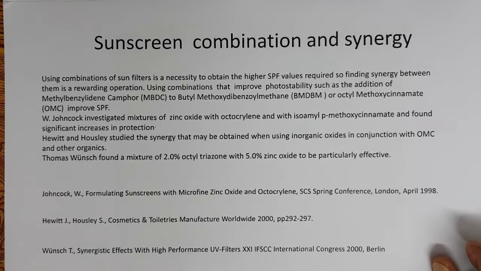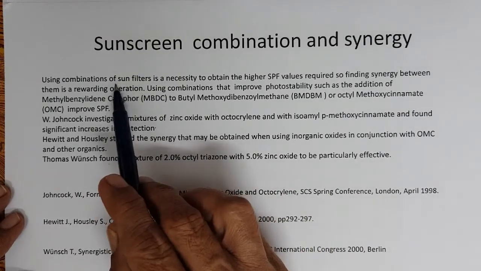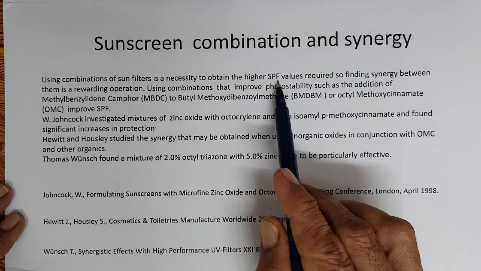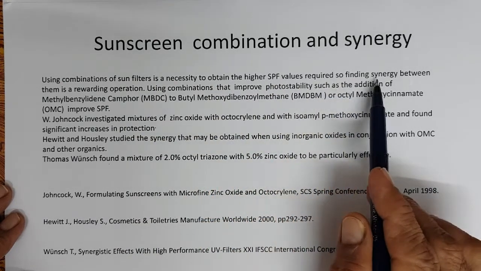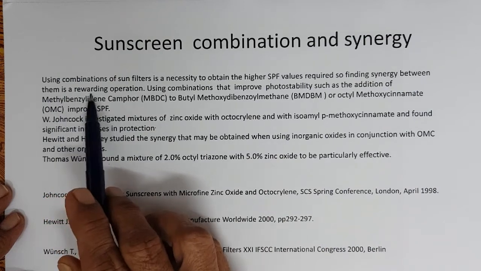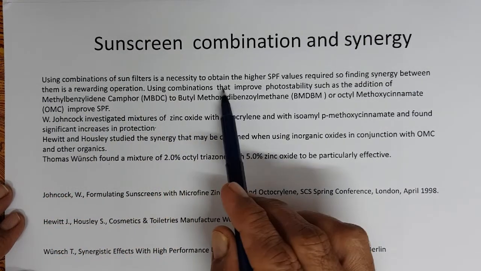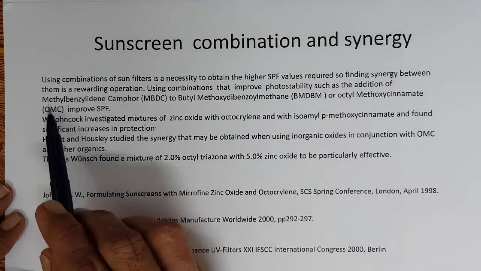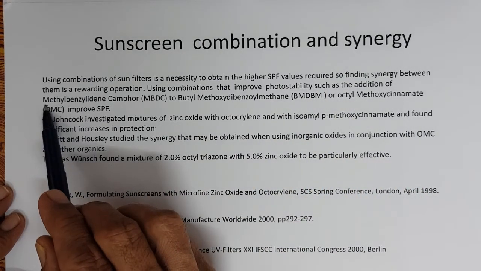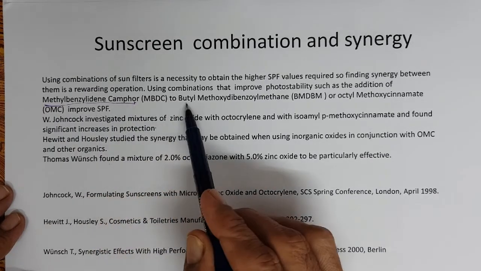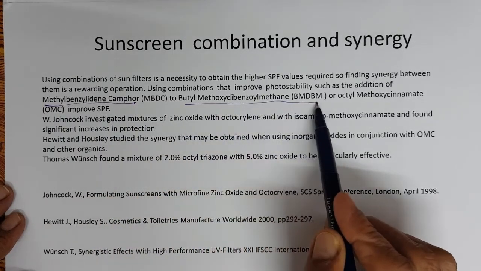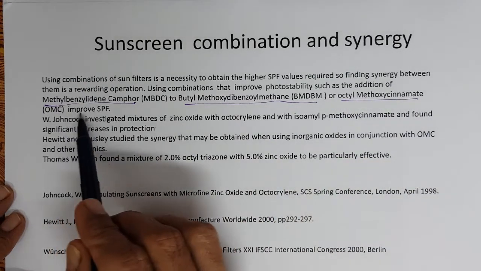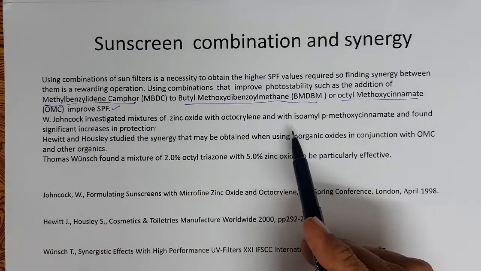Sunscreen combinations and synergy. Using a combination of sun filters is a necessity to obtain high SPF values. So, finding synergy between them is a rewarding operation. Using combinations that improve photostability, such as addition of methylbenzylidene camphor to butyl methoxydibenzoylmethane or octyl methoxycinnamate, improves the SPF.